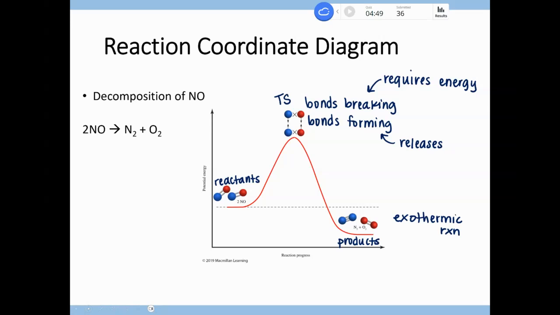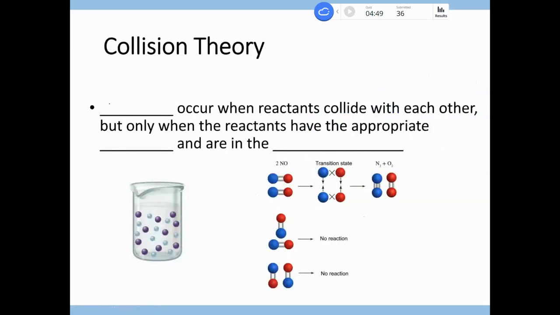So collision theory describes how reactions occur when reactants collide with each other, but only when they have the appropriate energy and are in the correct orientation.